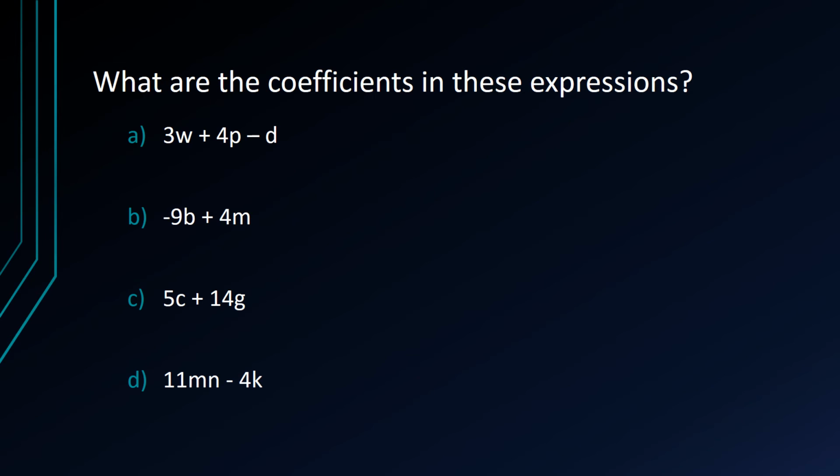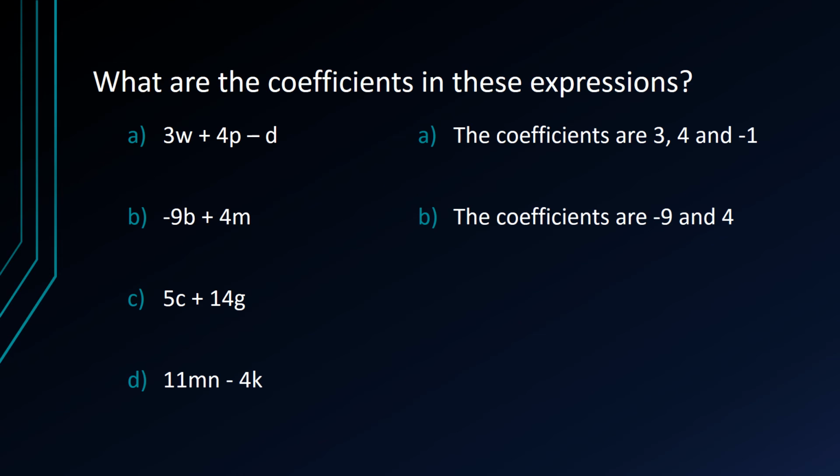Now, can you find the coefficients in these expressions? So in A, 3w plus 4p minus d, the coefficients are 3, 4, and negative 1. In our next expression, negative 9b plus 4m, the coefficients are negative 9 and 4.